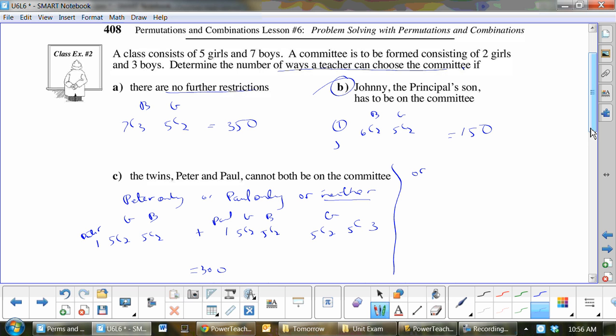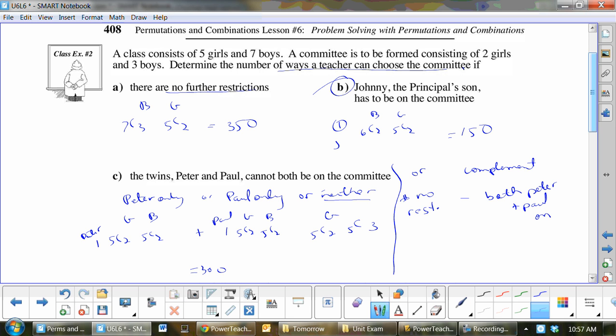Or, what's another way I could have solved this? Does anyone know what the opposite of Peter and Paul cannot both be on the committee is? Peter and Paul are both on the committee. So we can do the complement, okay? If there is a complete opposite, like this one is, you can do it. So the number with no restrictions, and then minus both Peter and Paul on.